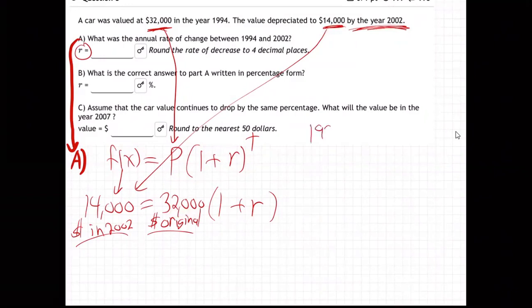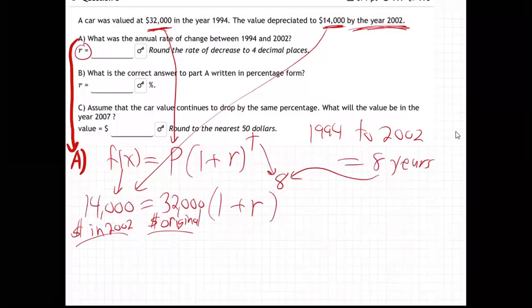From 1994 to 2002, that's 8 years. So that goes right there. The time is 8 years. So after 8 years, the value dropped from 32,000 originally down to 14,000 in 2002.